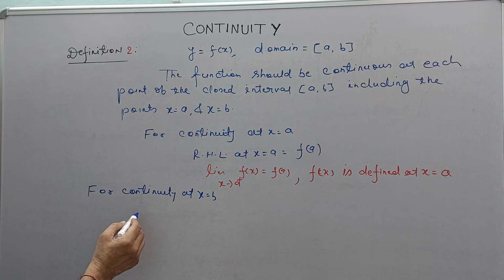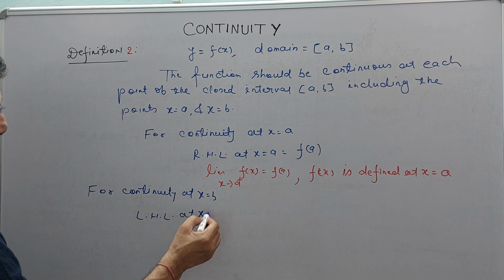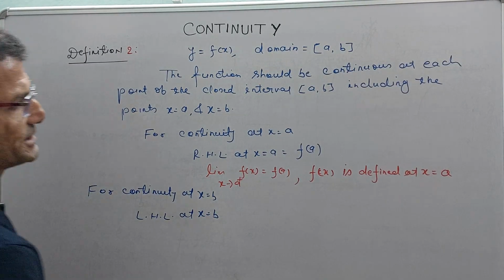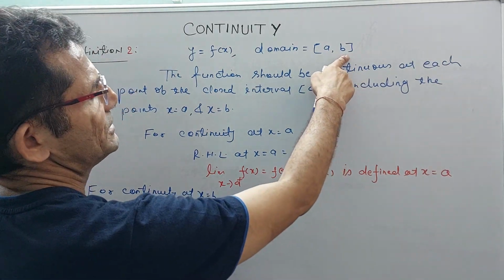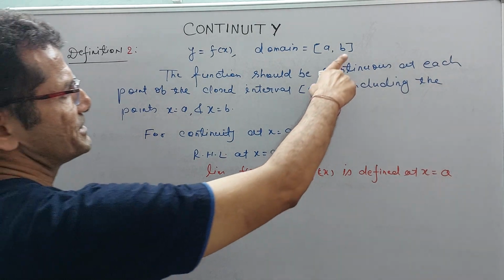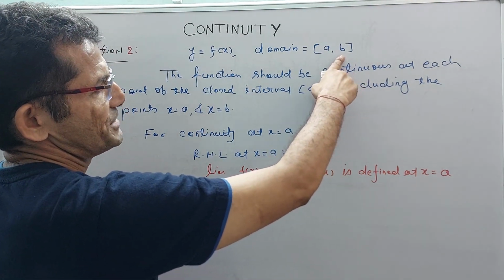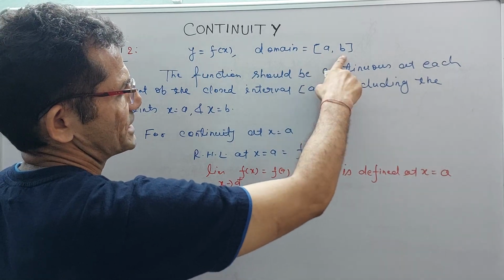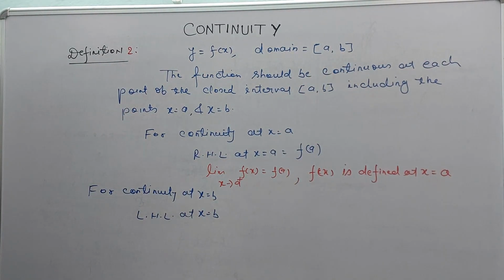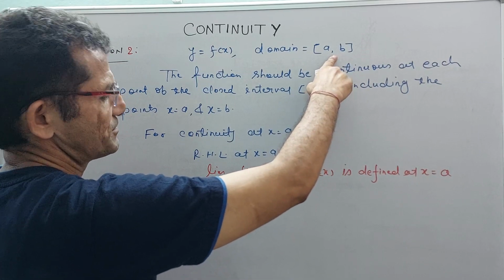When you take the left hand limit, we come inside this interval. Left hand limit at x equal to b means the value we are approaching b from the left towards b. So from the left, we are inside of this interval.